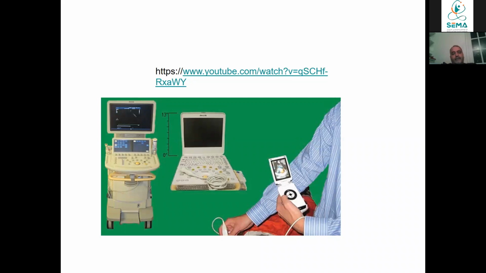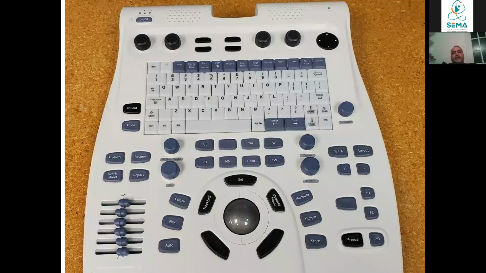Probes are what you put on to take the windows, different windows, connected to the computer and control panel and the screen. So it's the same principle in the machine.